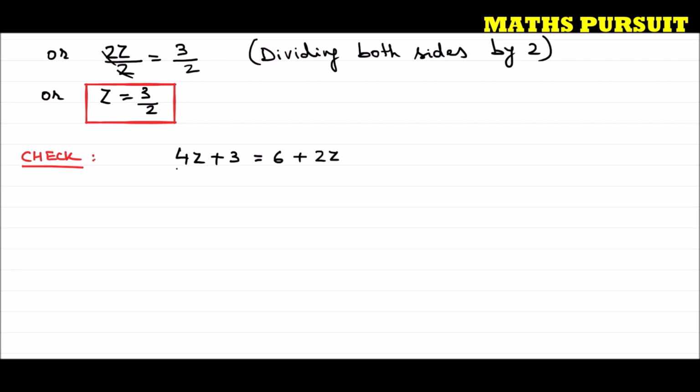First of all, we will check the left side of the equation, and then we will pick up the right hand side. We will check individually and find out what we are getting for the left hand side and for the right hand side.